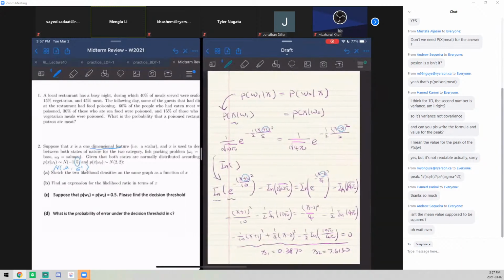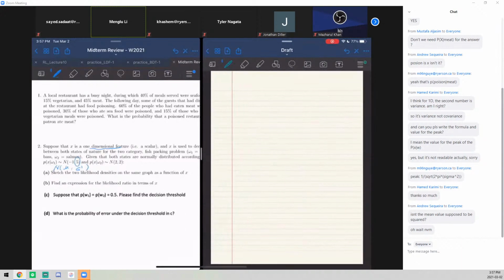Okay, I can just draw a better graph. Since we already know the boundary, what should the value of the boundary be?